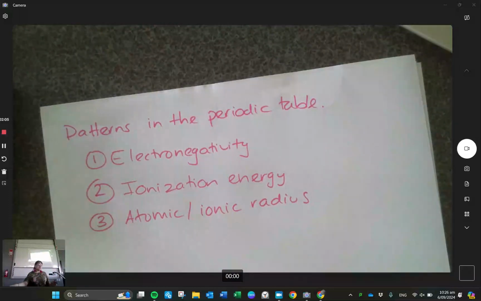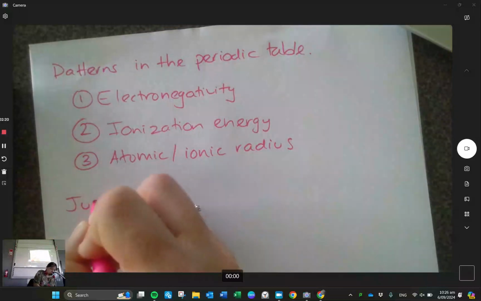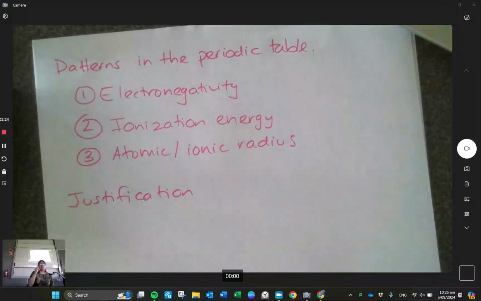So the nice thing to think about with this is that when it comes to the justification, like I said, regardless of which one they give you, it is more or less pulling on similar principles. So that kind of reduces the load when it comes to learning. So when you're trying to justify these trends, there are 2 main things that you'll probably be talking about. The first thing is the size of the nucleus.